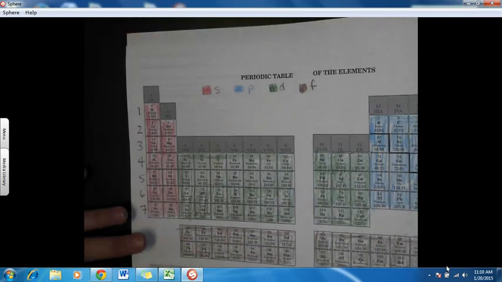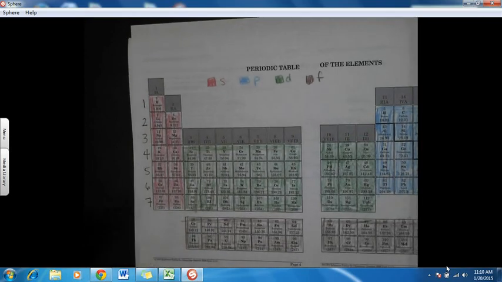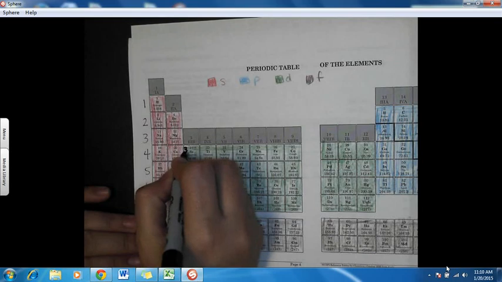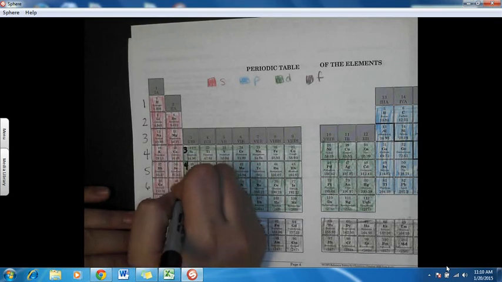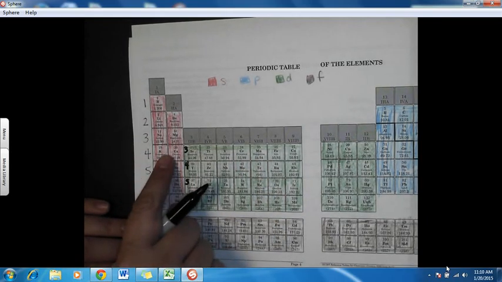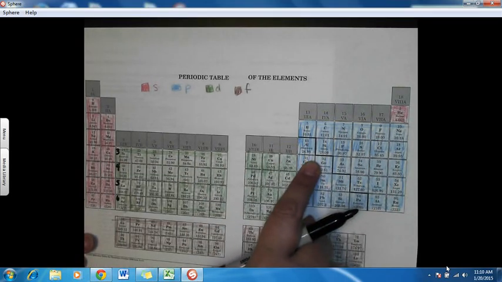Okay? Now, the D sublevels have so much more energy than the S and the P that we fill them up later than we would expect. So, for example, this first row of D is actually the 3D, the second row is 4D, 5D, and 6D. So you see here we would have a 4S getting filled in before the 3D does, and then after that would be our 4P again.